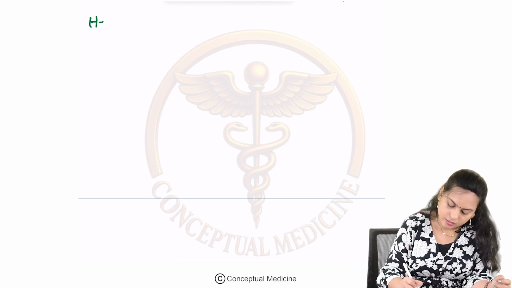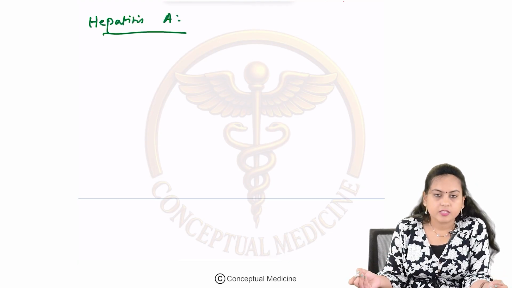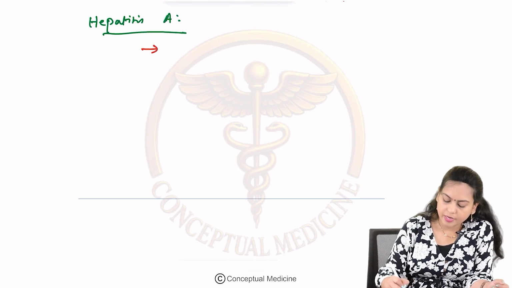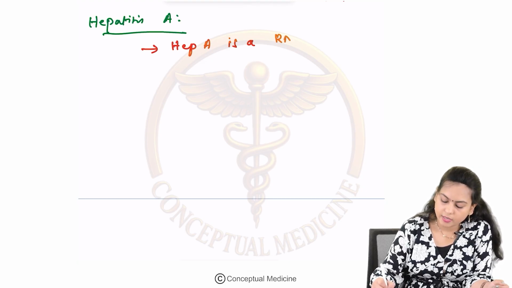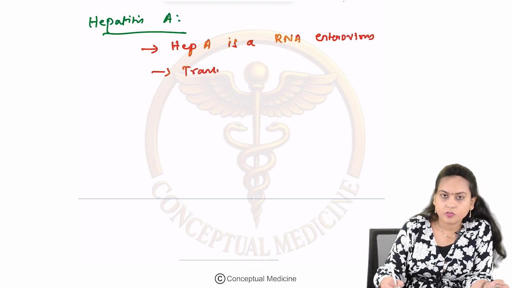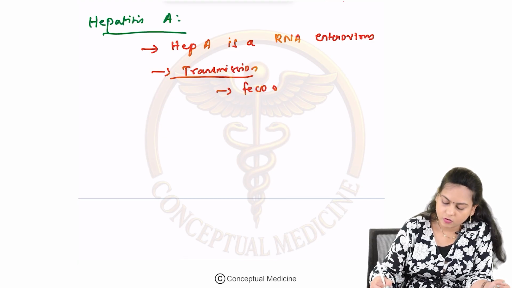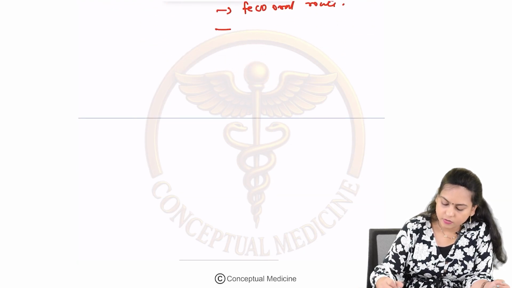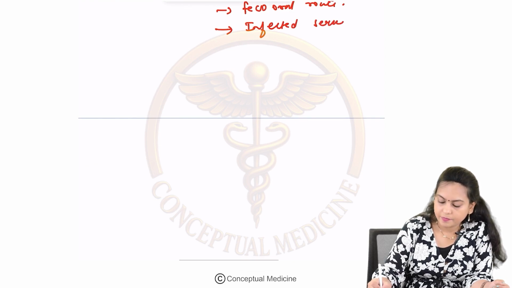If you take hepatitis A, we will see the general features of this virus first. We know hepatitis A is an RNA enterovirus, right? Transmission of this virus is mostly by the fecal-oral route, and also via infected serum.